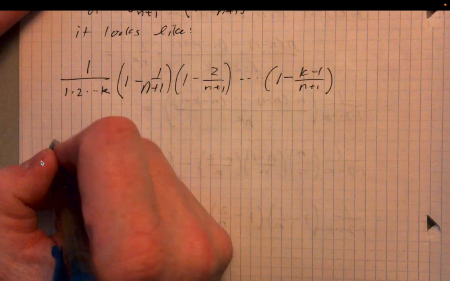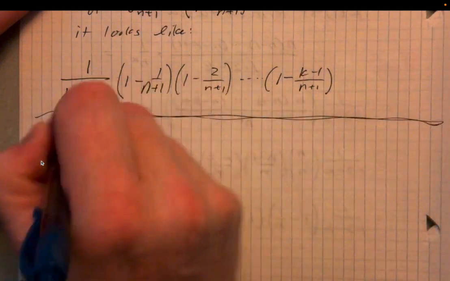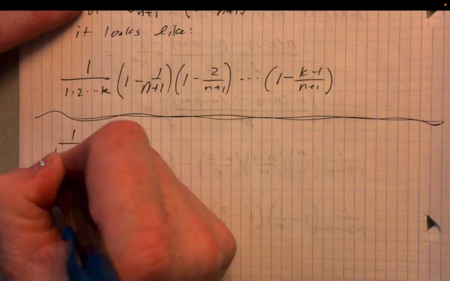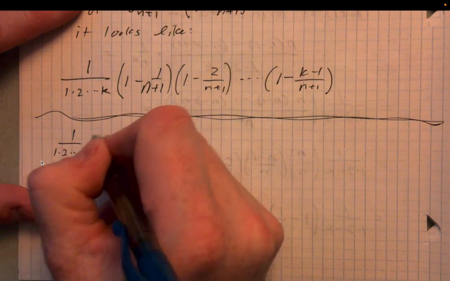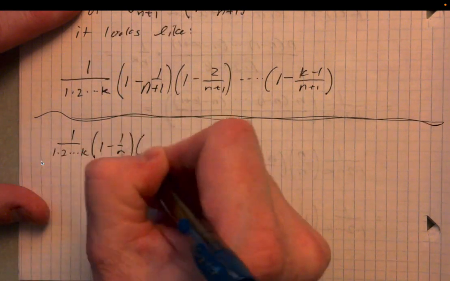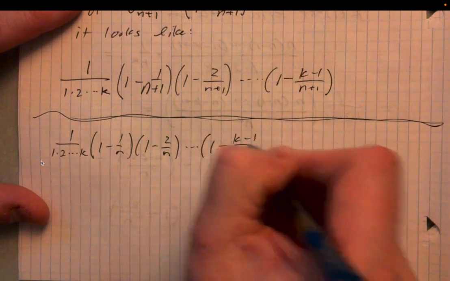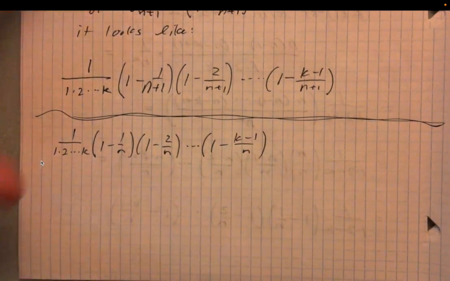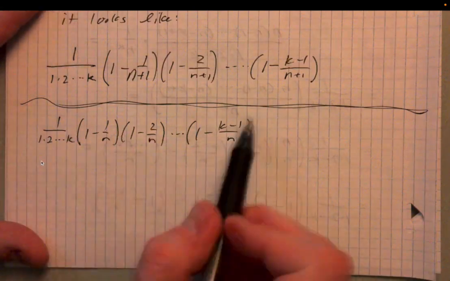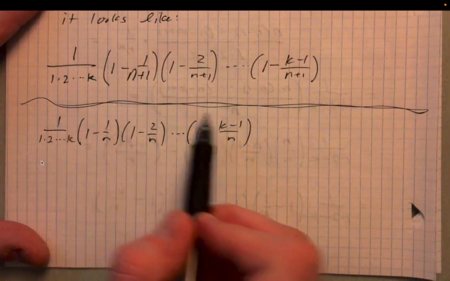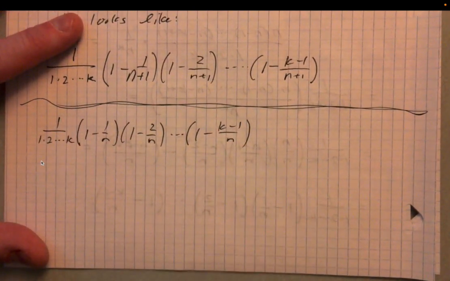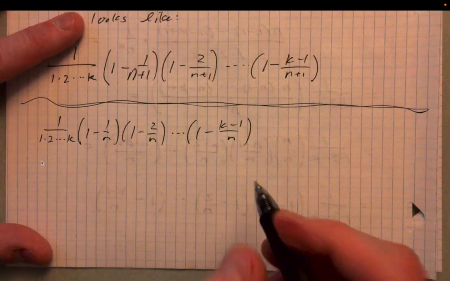Okay, so I've got 1 over 1 times 2 dot dot dot times k, and then 1 minus 1 over n, 1 minus 2 over n, dot dot dot, 1 minus k minus 1 over n. Okay, and then this is for the k plus first term of t sub n. The k plus first term of t sub n plus 1 looks real similar.